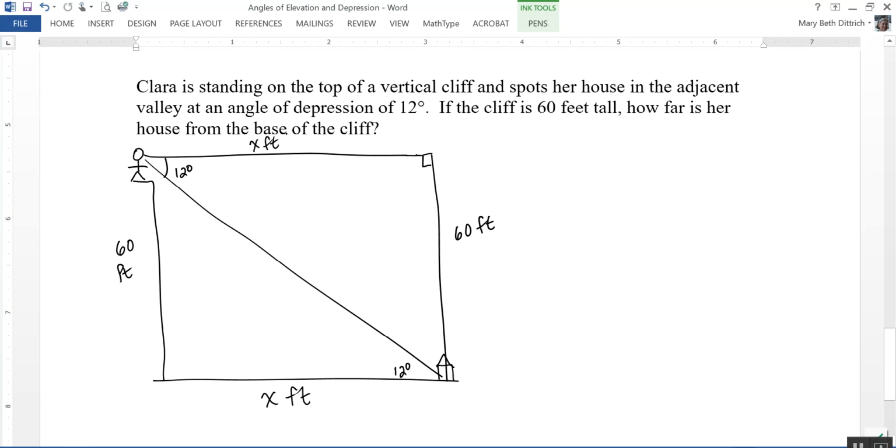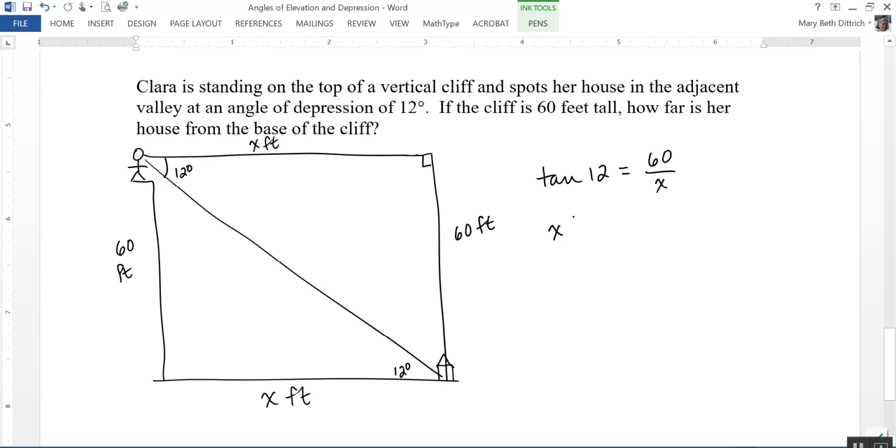So whichever triangle we use, notice that in relation to 12, I have an adjacent and I have an opposite. Or if I were looking at this 12, I would have an adjacent and an opposite. So that means I'm going to use the tangent ratio. Tangent of 12 degrees is opposite over adjacent. And this one's a little trickier to solve for x.